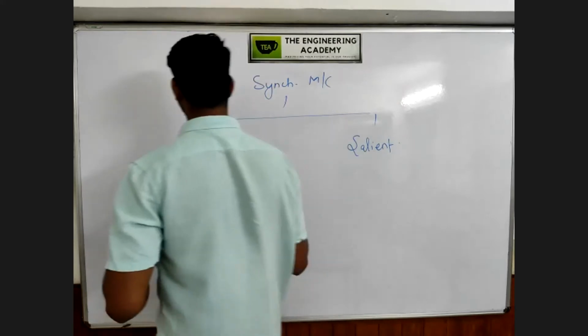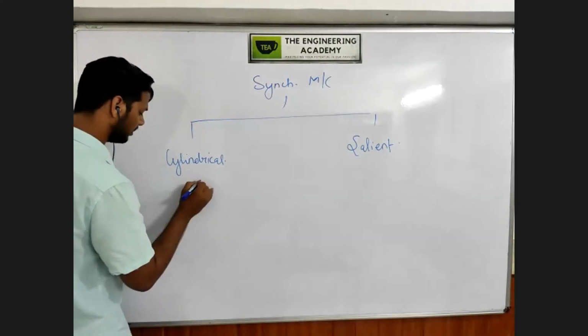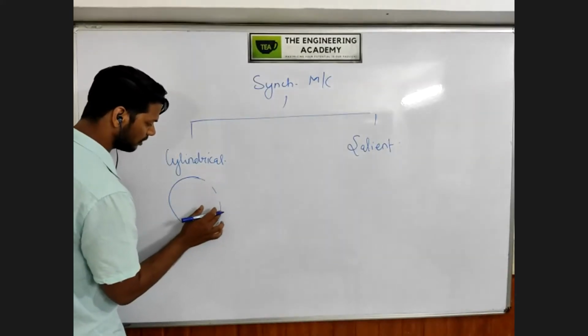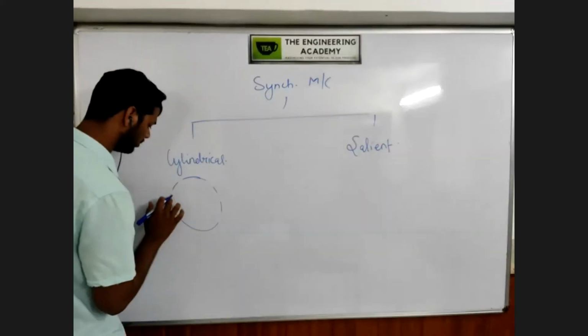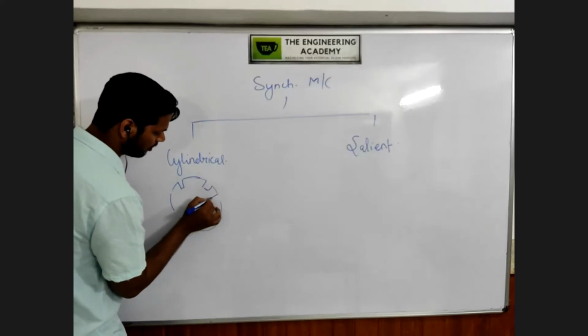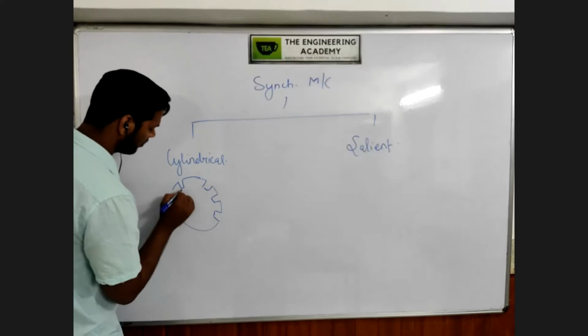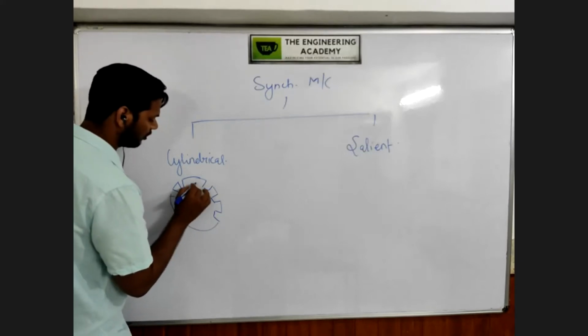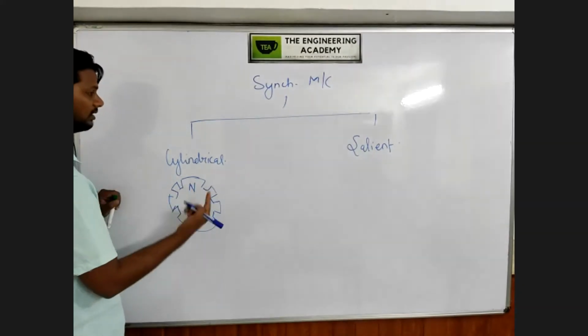So how does a cylindrical rotor look? Basically, it is like a circle, and the slots are on the rotor. Here is the north pole, here is the south pole. The windings are in these slots.